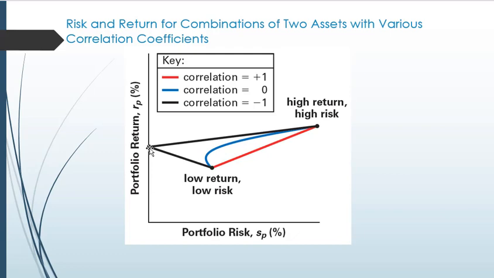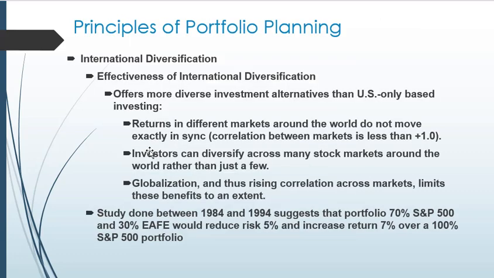And at -1, we can actually find a combination of these risky things that would provide us with a risk-free asset. We'll talk about this in other videos and possibly in other courses. But the point here is that correlation is what creates the possibilities of diversification.